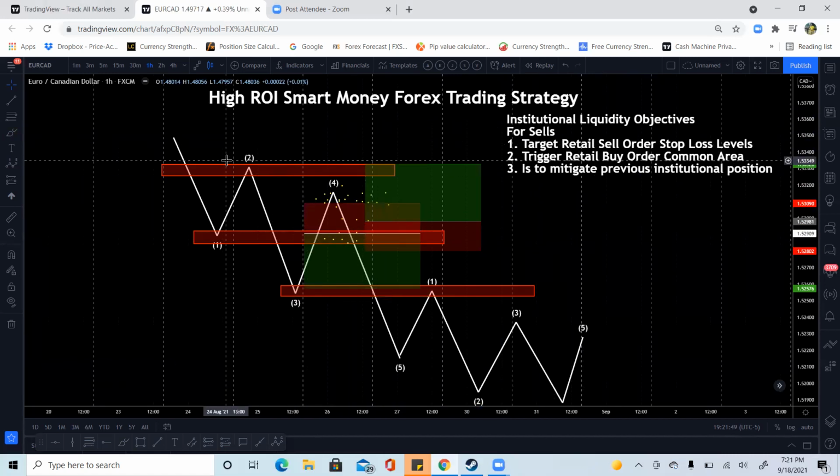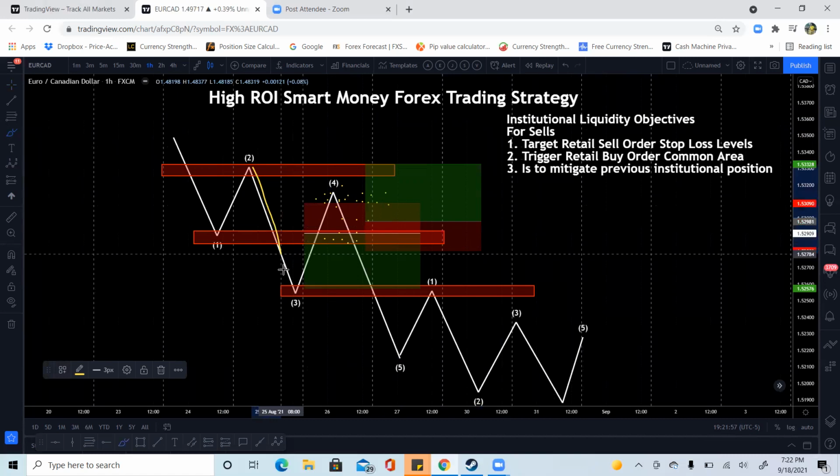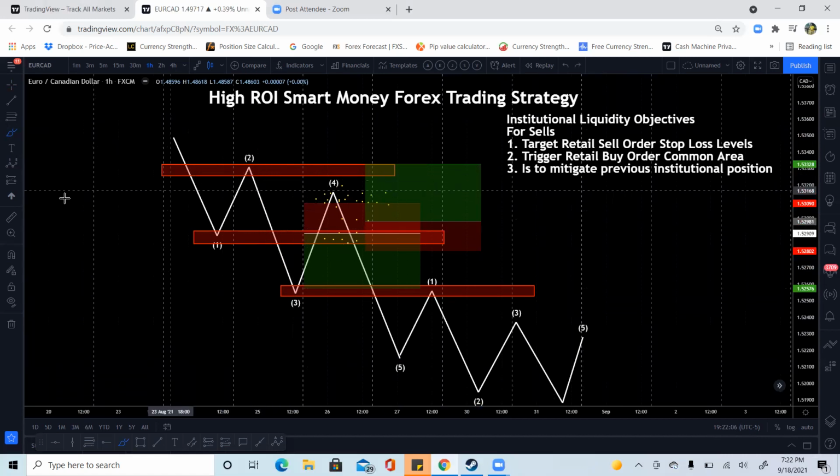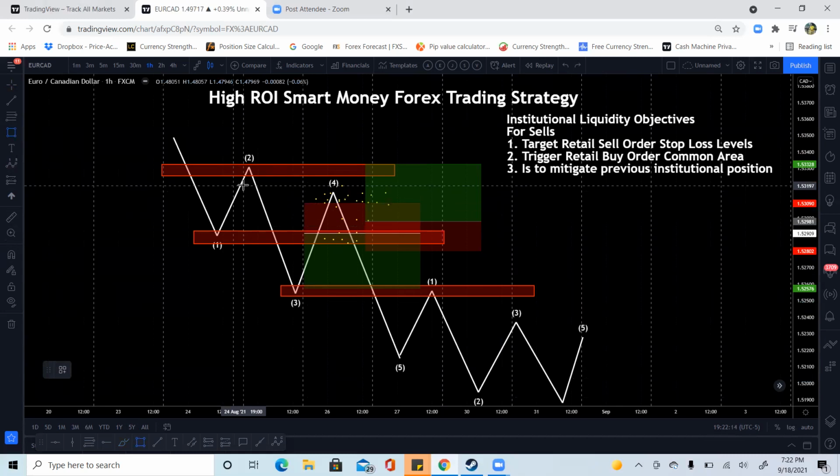So the third part is to mitigate previous institutional positions. The bigger moves do not happen by retail traders. They don't create these moves, institutions create these moves. And what happens a lot of the time before these moves are created is there's what's called a small mitigation point.